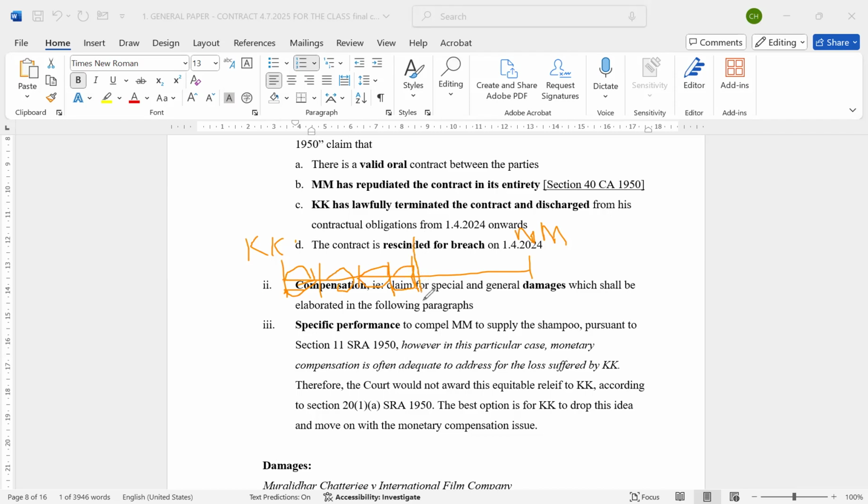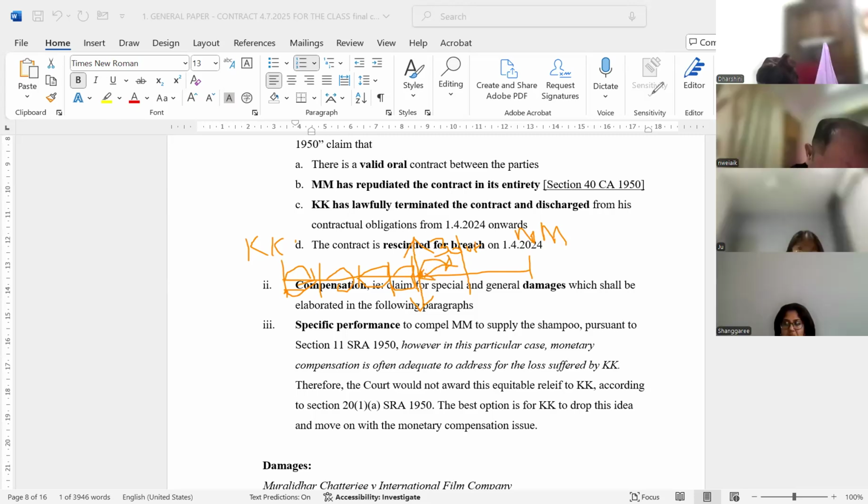So rescission for breach is, for example, if you want to pray, what happened is on 1st of April, take for example, this is speculative, don't get me wrong, if KK would have paid 300,000 to MM, but MM did not supply. So this 1st of April part, you can restore for breach.